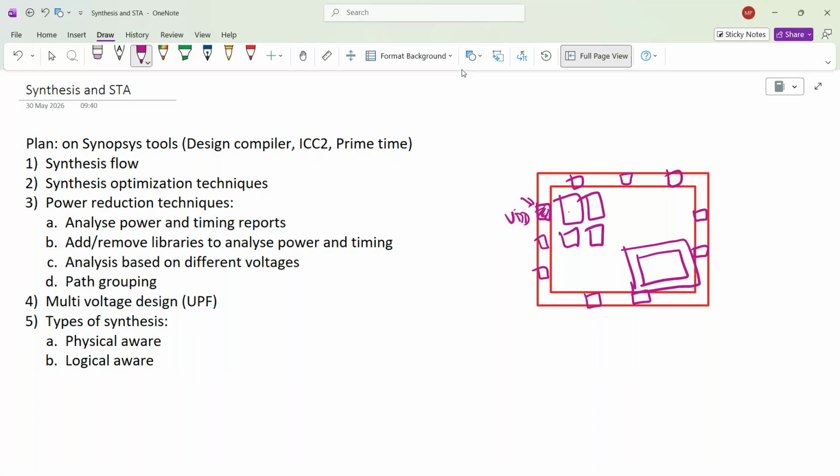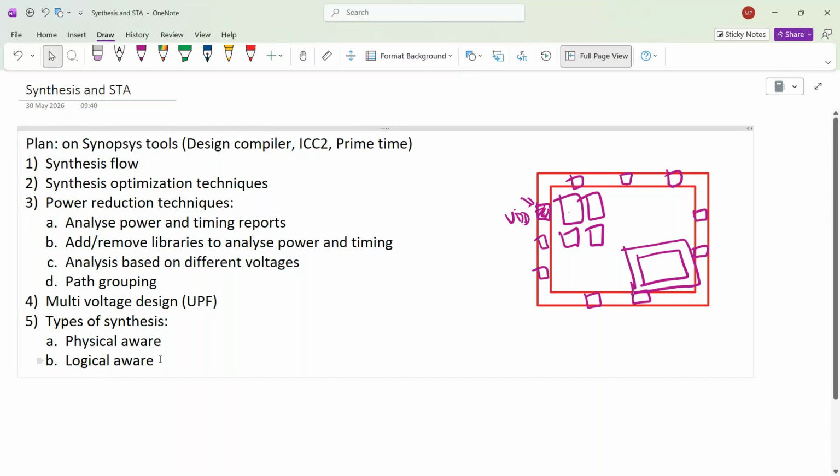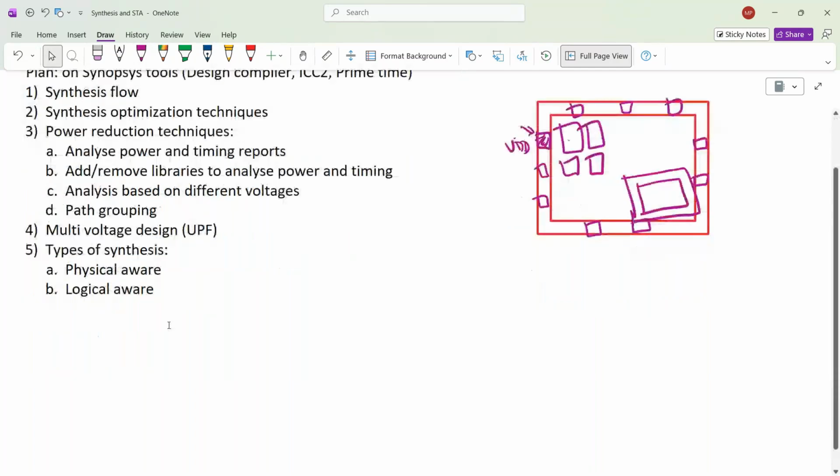So the tool will have better, layout-like information to some extent. It will do better timing calculations in the case of physical aware synthesis. So we are going to run physical aware synthesis. We will learn this theoretically and also apply it practically online. At last we are going to compare both timing reports.